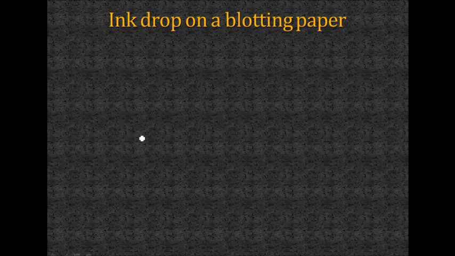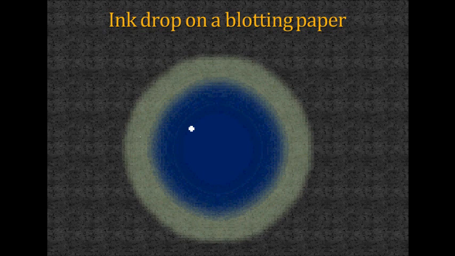So let's start with an ink drop on a blotting paper. So there is an ink drop on the paper, and you see that if it is a blotting paper, it starts spreading around. And what is increasing here? You can see that the radius of the circle, it's assumed that it's in a circular shape. Therefore, what are the changes in this particular thing? The radius is the main thing that changes.